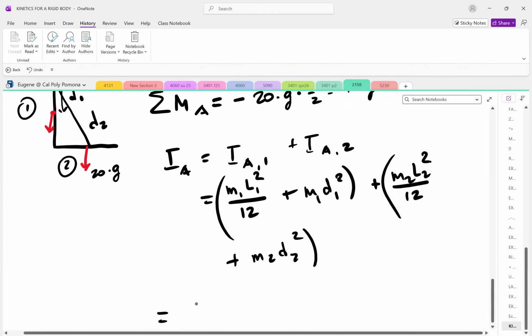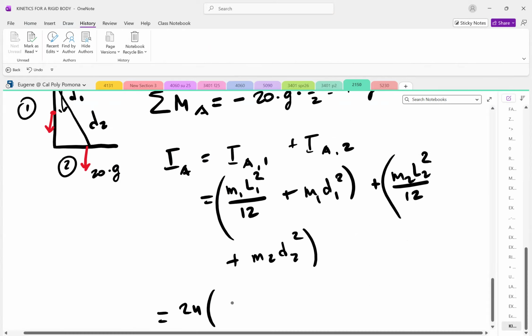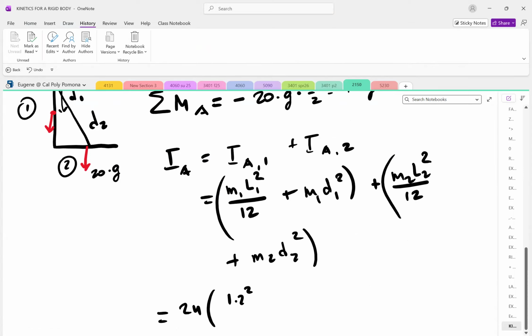So M1 is 24 kilograms, and L1 is 1.2 meters, so 1.2 squared over 12, plus D1, which is 1.2 over 2, squared.